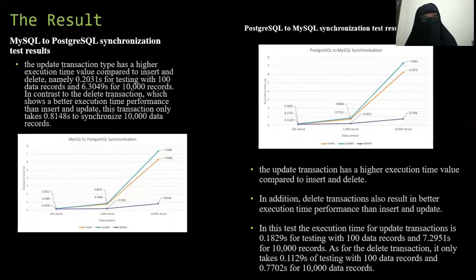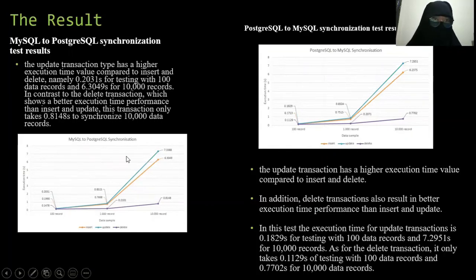In contrast, the delete transaction shows better execution time performance than insert and update. This transaction only takes 0.8 seconds to synchronize 10,000 data records. This is the curve of the MySQL to PostgreSQL synchronization process result.